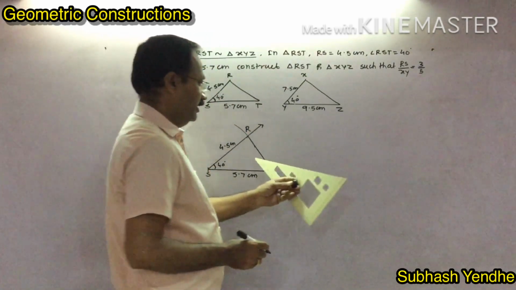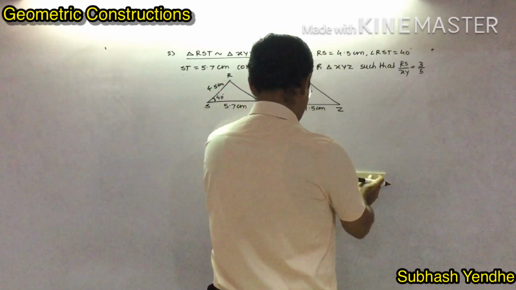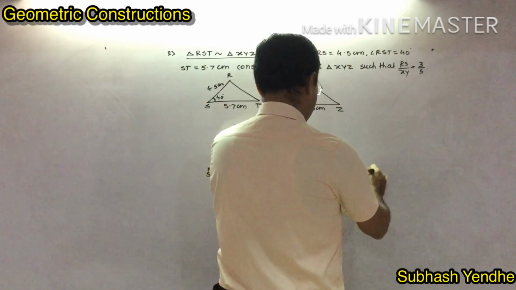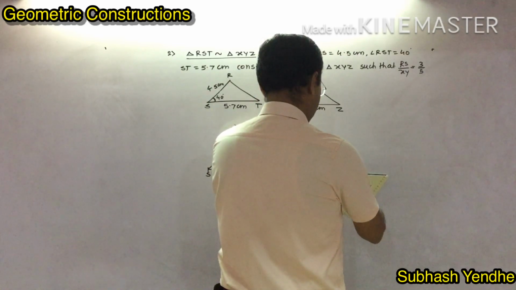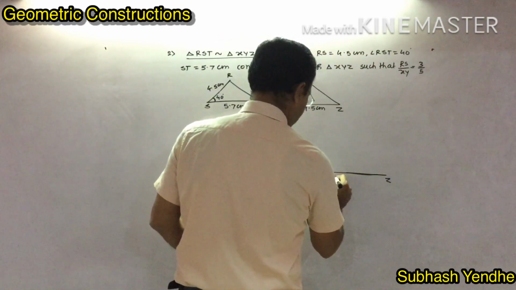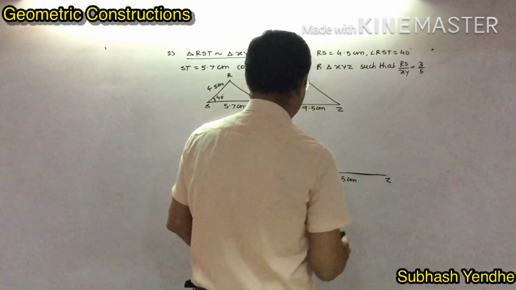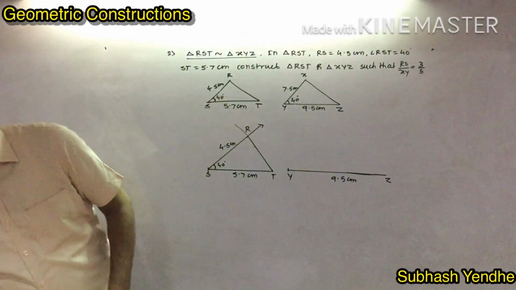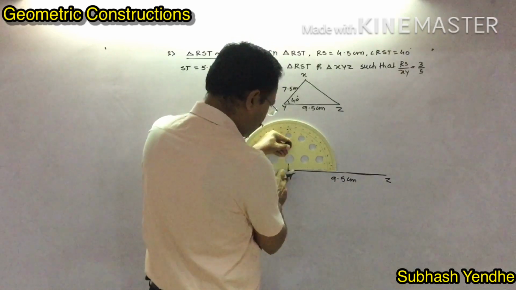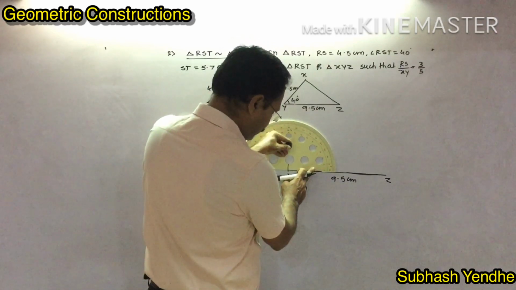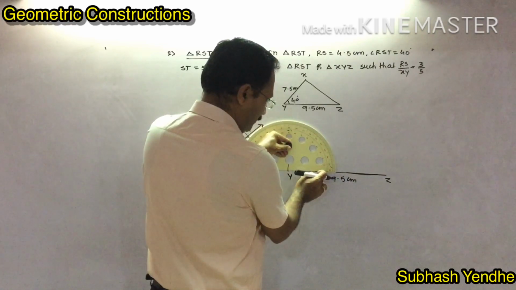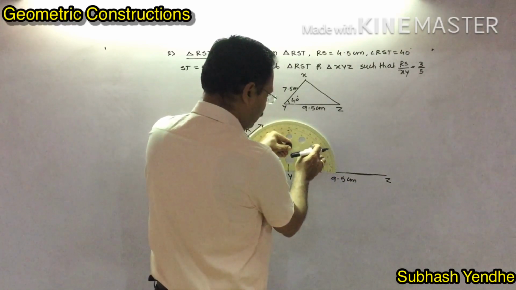Now the same for XYZ. Draw YZ 9.5 centimeter. So here I have drawn YZ as 9.5 centimeter. Now again you have to draw the 40 degrees on the Y side. Put the protractor here and measure from the pencil side by 0, 10, 20, 30, 40.